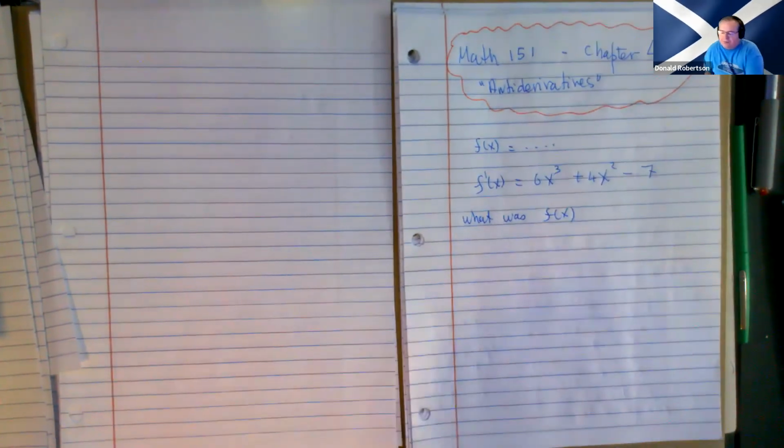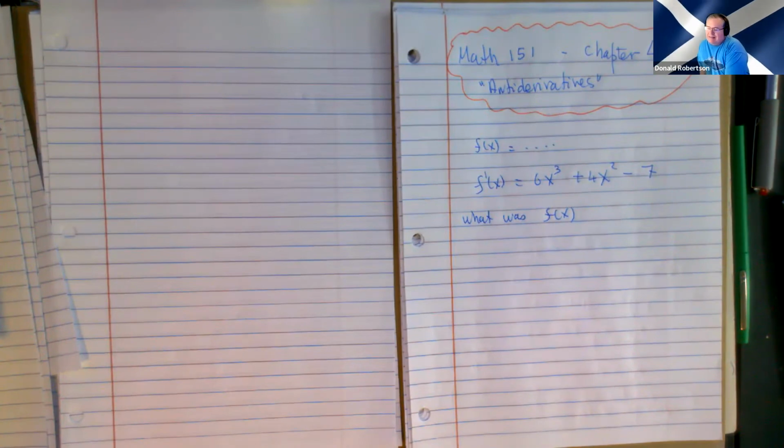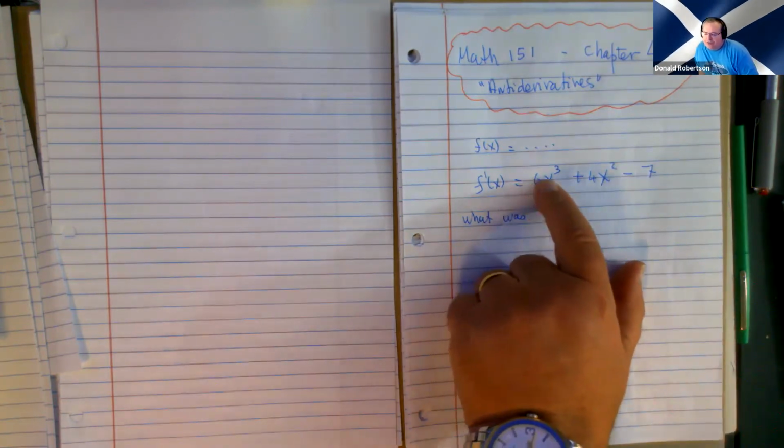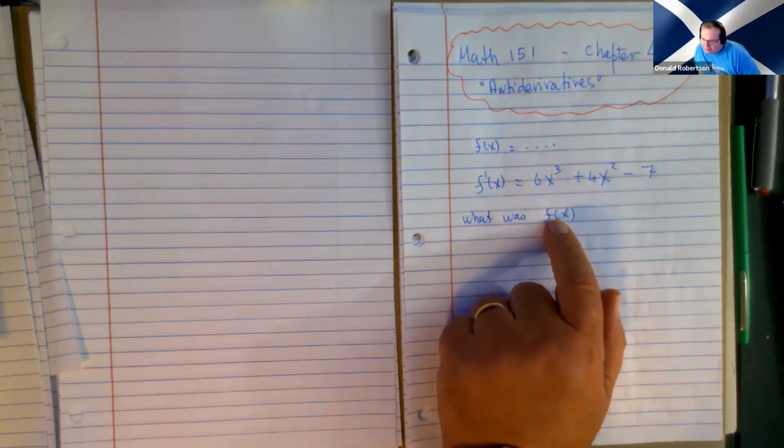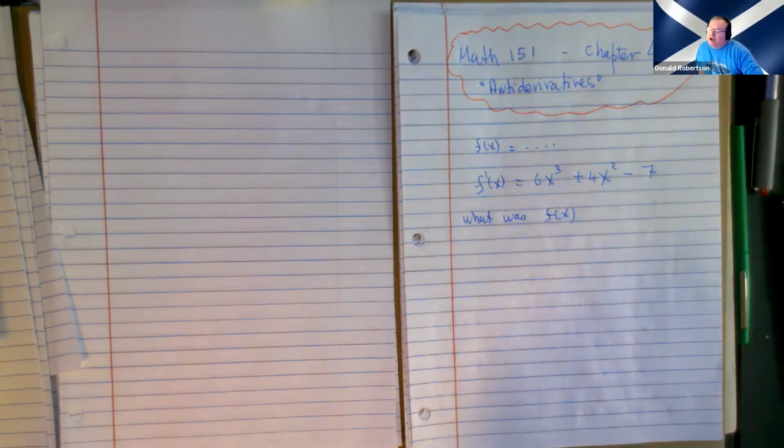What was f of x? That's essentially an antiderivative question, which says, if you know the derivative of something, can you find what the starting function was? Kind of like undoing the differentiation process.